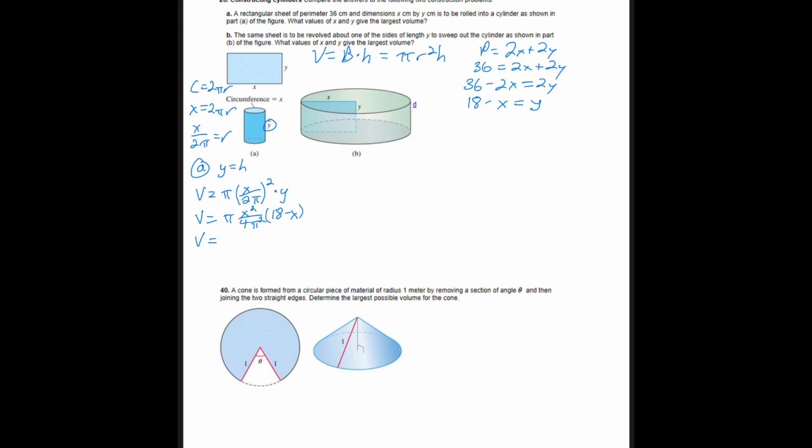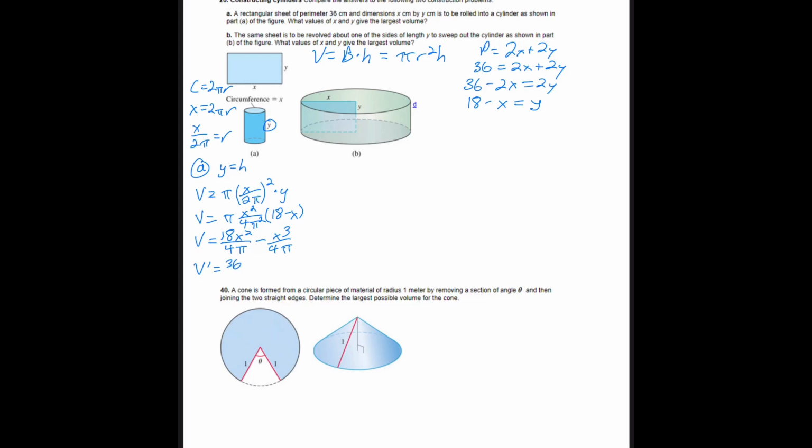And then we can simplify that a little bit and multiply it out. So if you simplify, the 1 pi cancels here, and then we can multiply. So volume equals 18x squared over 4 pi minus x cubed over 4 pi.